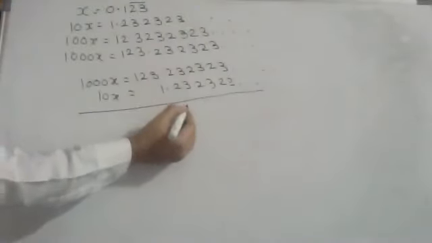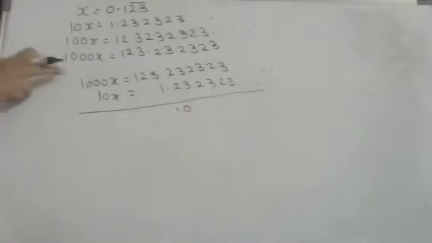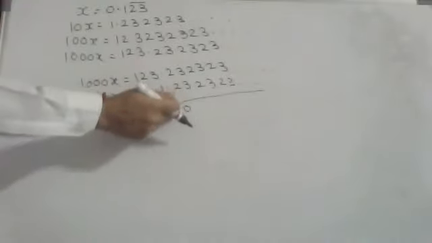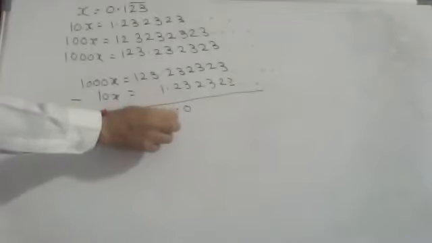After the point, there is definitely 0. If you subtract 1000x minus 10x, then only after the point there is a definite 0. If you subtract 100x from 1000x, there will never be 0 after the point. If you subtract x from 100x, there will never be 0 after this point.